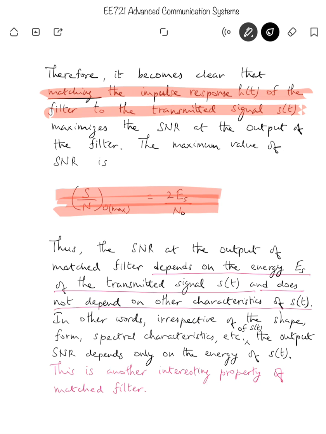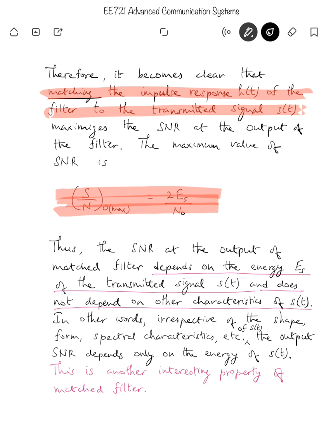All right, okay, to summarize, we see that by using the matched filter whose impulse response is matched to the transmitted signal, we are able to maximize the signal to noise ratio of the output of the filter. That means the output of the matched filter produces the maximum signal to noise ratio.